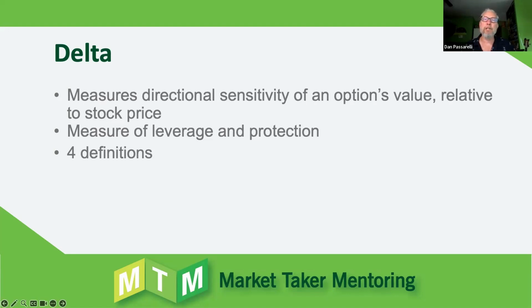So we're not just concerned about, okay, I buy a call, the stock goes up, I made money. I need to know how much I made. And if the stock goes against me, I need to know how much I lose. And that is what delta measures. Delta, if you think about it, is effectively a measure of both leverage and protection.